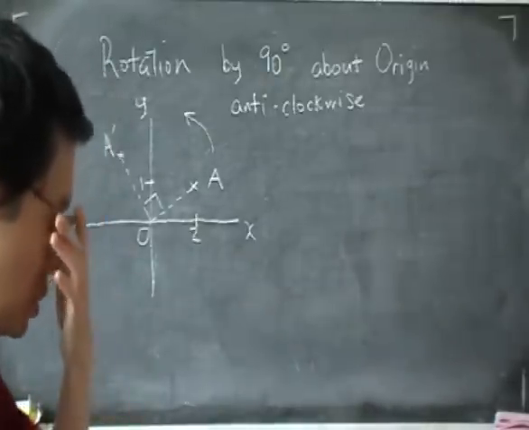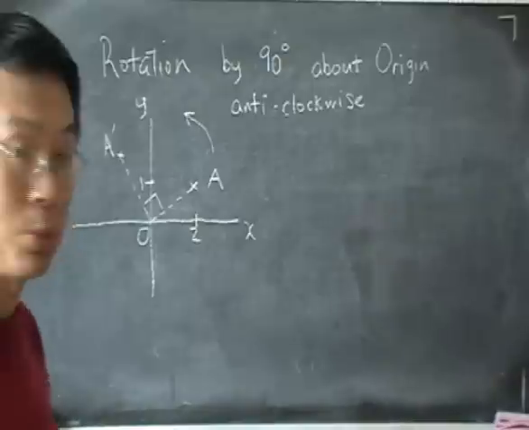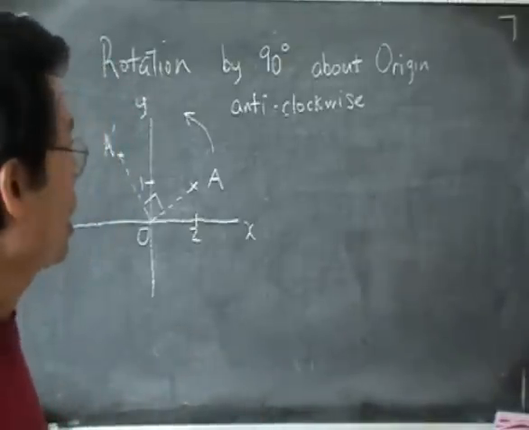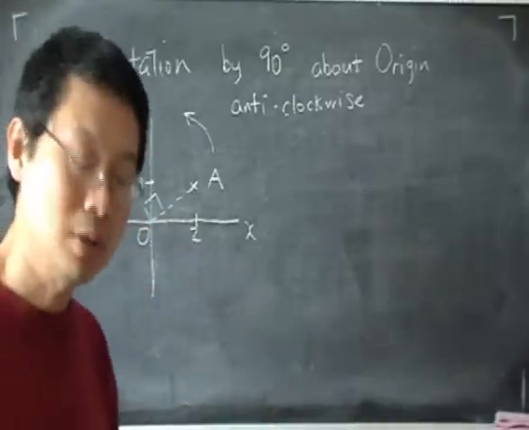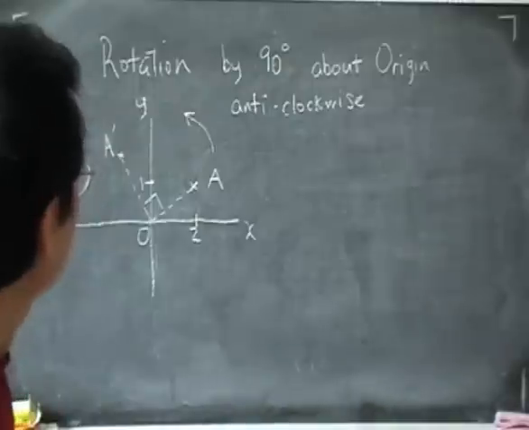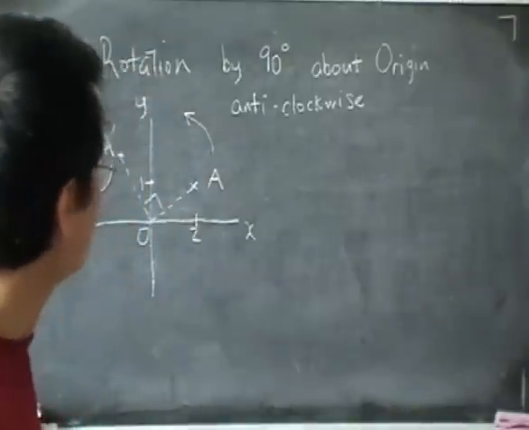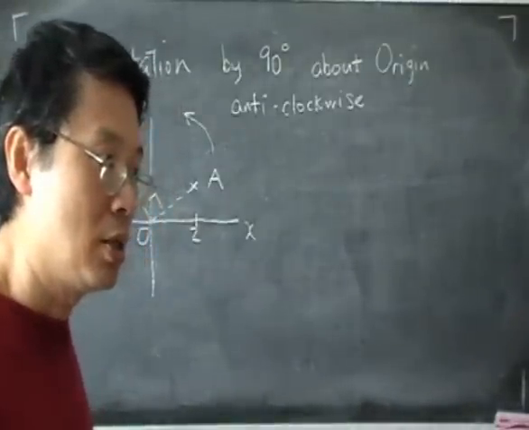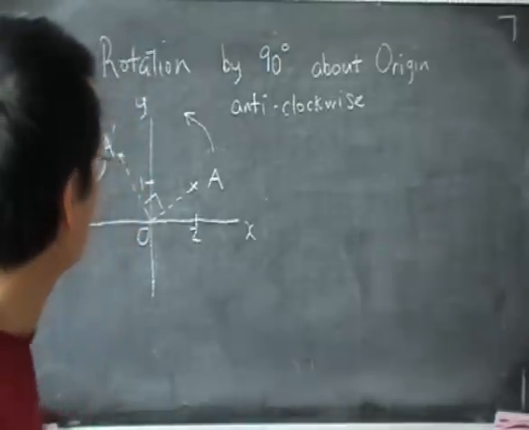Now we can of course use the same formula that we saw just now with the sine and cosine, and then take 90° as alpha, the angle, and you'll find the answer. There is a much simpler way in this example, a bit like the example we saw for reflection in the y equals x line.